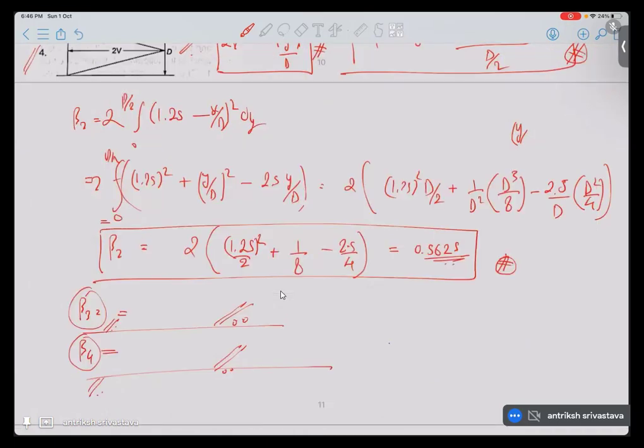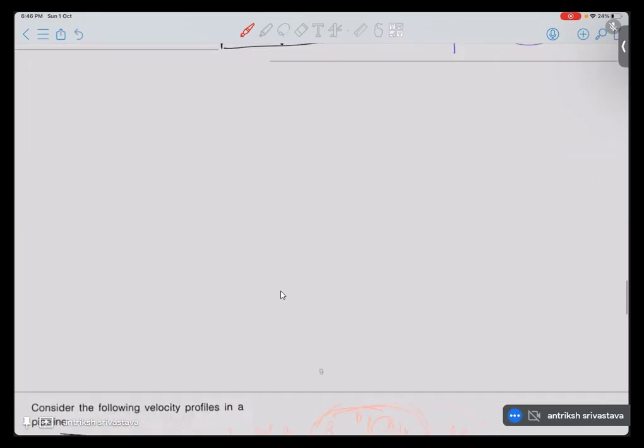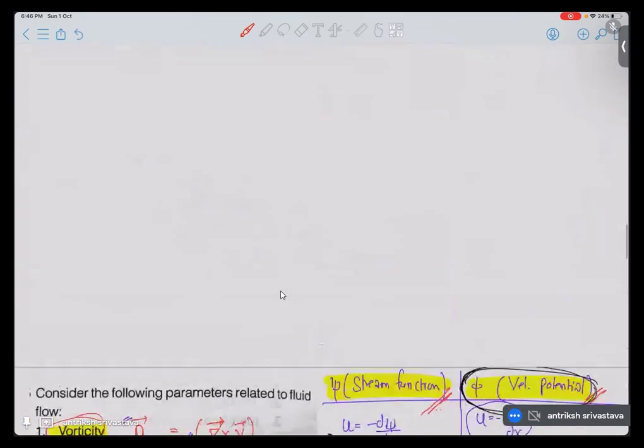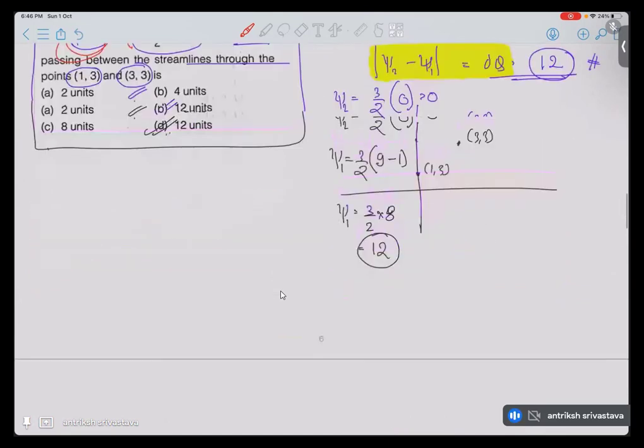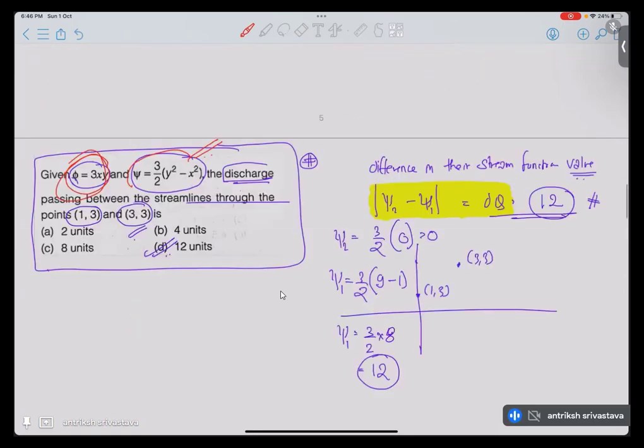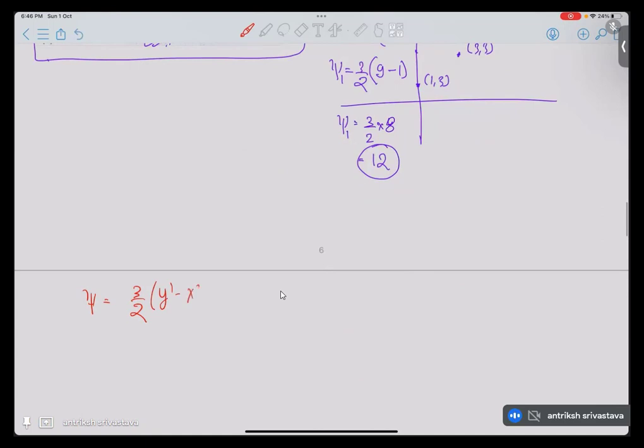Yes. Since you have been silent till now, I want you guys to ask some question. Okay, yeah, we can do one thing. Rather than doing this monotonous calculation, I want you guys to tell me, for this expression 3 by 2 y square minus x square, is the flow irrotational?